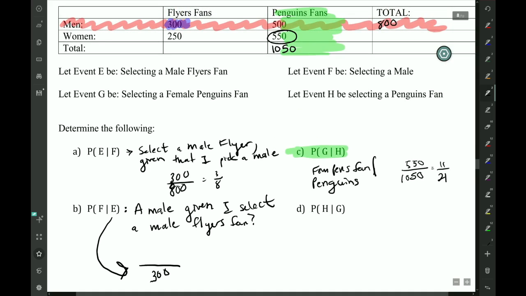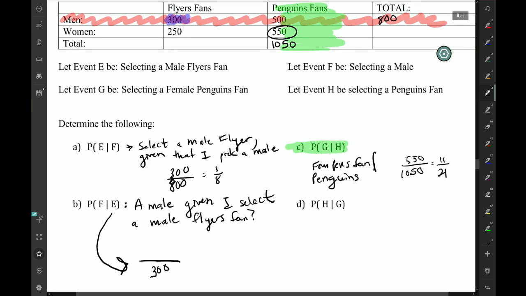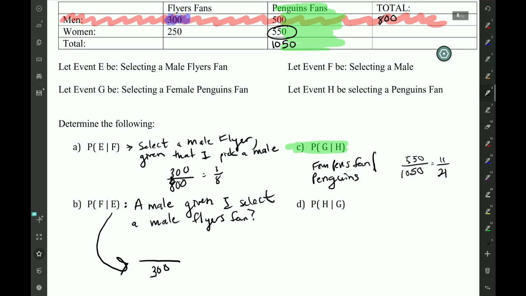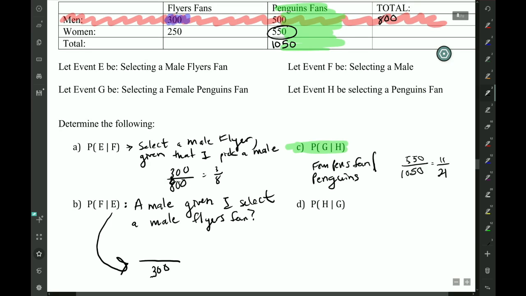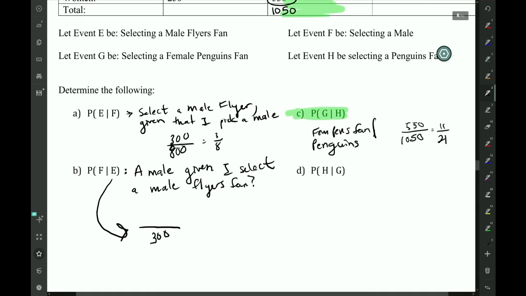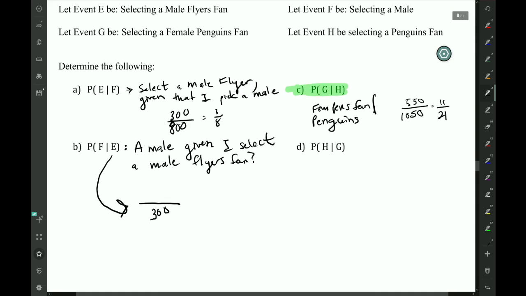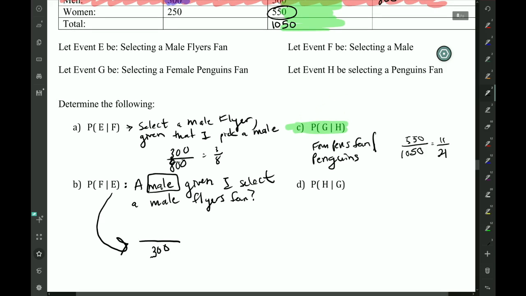There are 300. And now, given that I select a male Flyers fan, what's the probability of them being male? If I selected a male, they're going to have to be a male. So that's 100%. Okay. So sometimes they're a little silly like that.